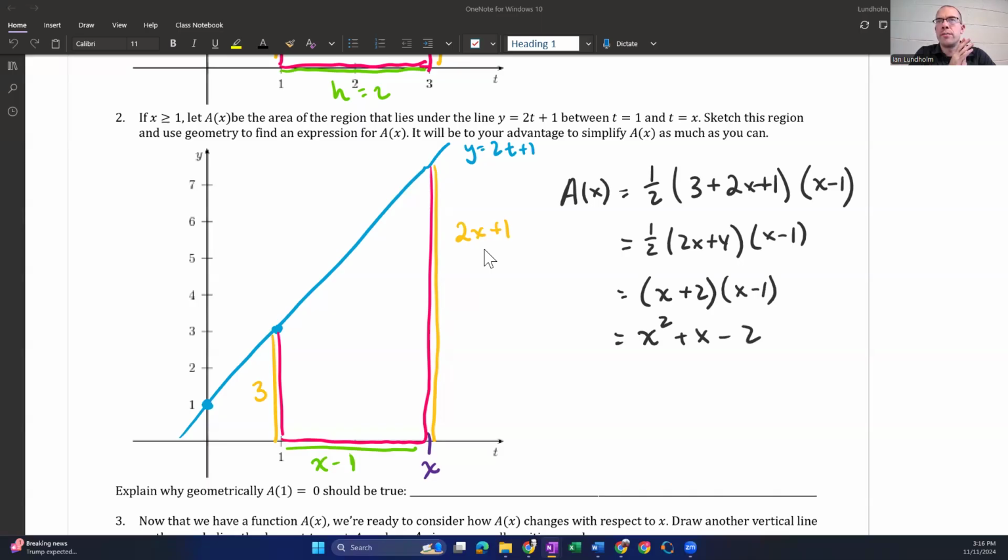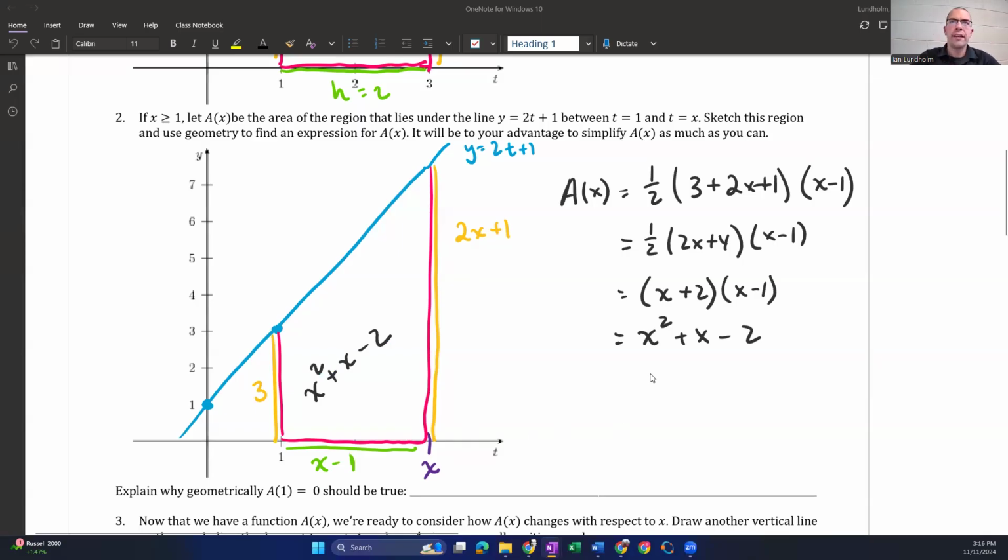Both of those are pretty good ways to express this area function. So the idea is now we have an expression for this area, and we are allowed to change this right-hand boundary so that we can move it to the right or to the left and change things.